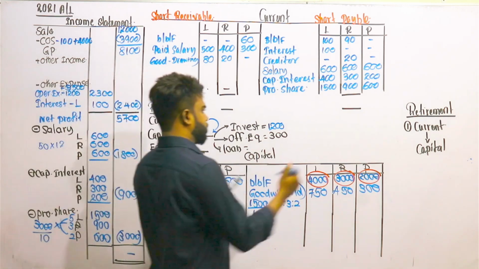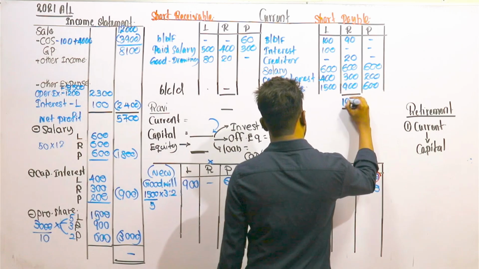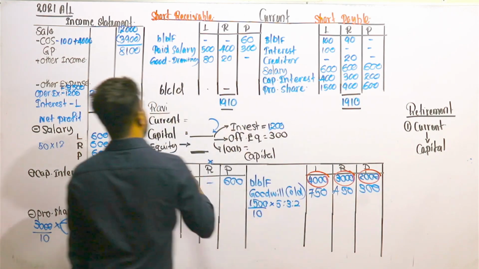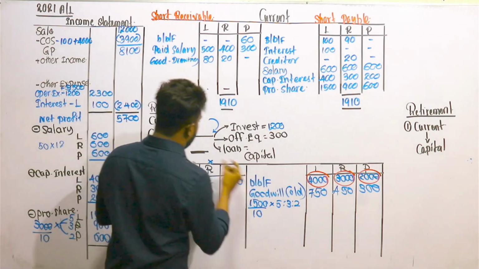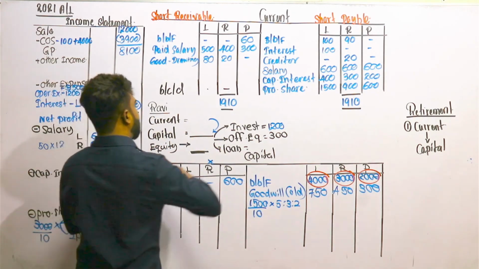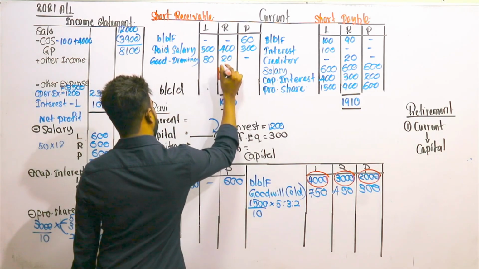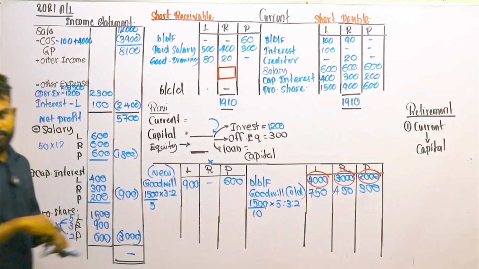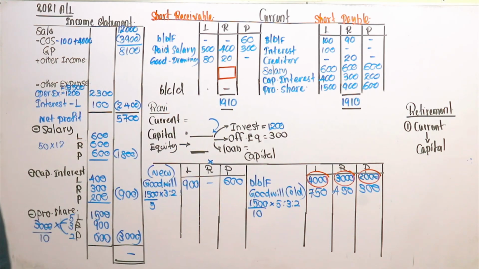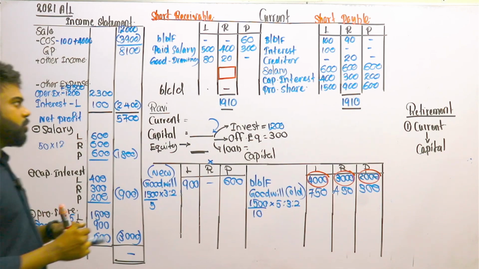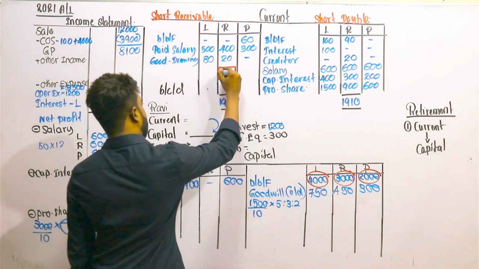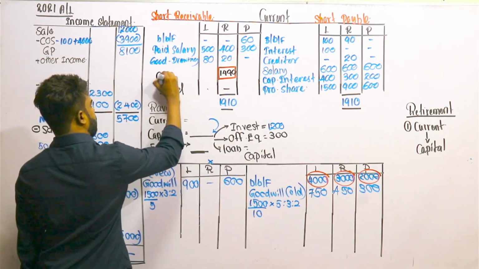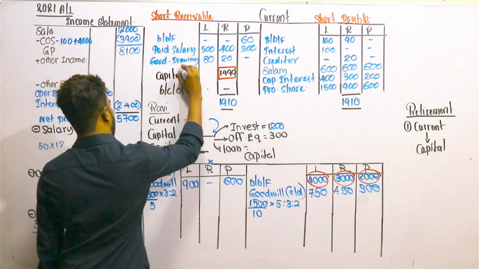Balance. Tell me. 1910. Therefore, how much is the balance? It should be transferred to capital account. Tell me the balance. 1490.